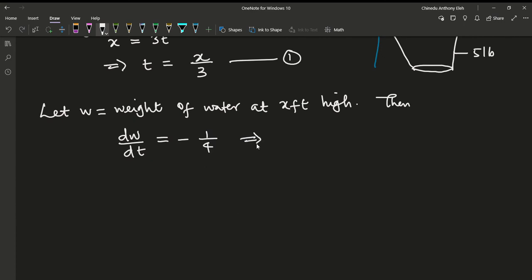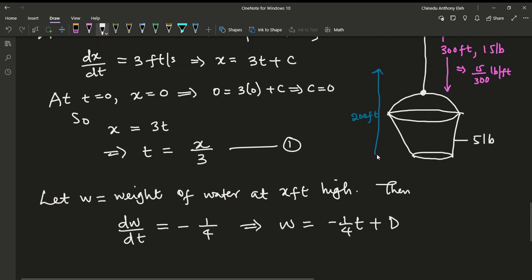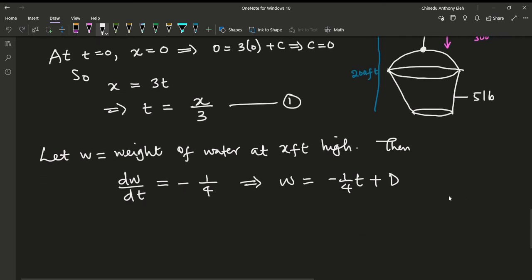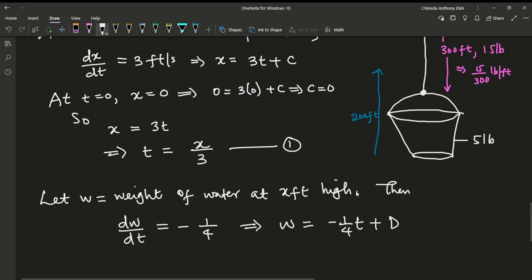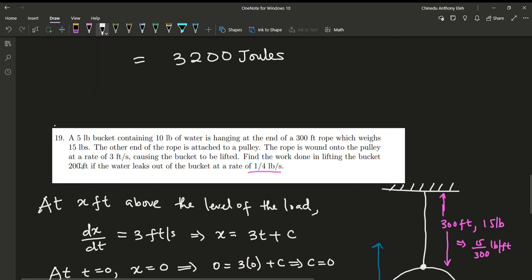And think of the function you differentiated to get this. It's going to be something like -1/4 t plus a constant d. Now let's interpret what this means. When time is 0, nothing has happened to the load, which means the amount of water in the bucket is 10 pounds. No water has leaked, right?